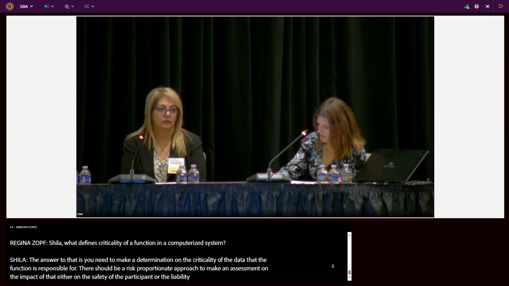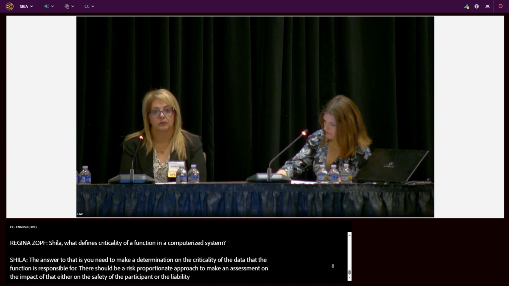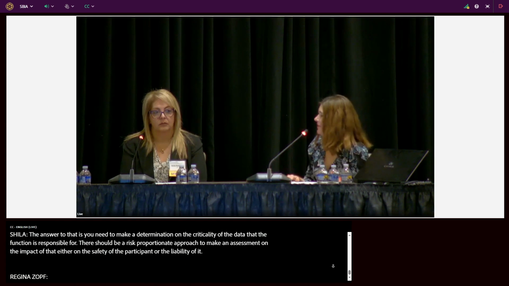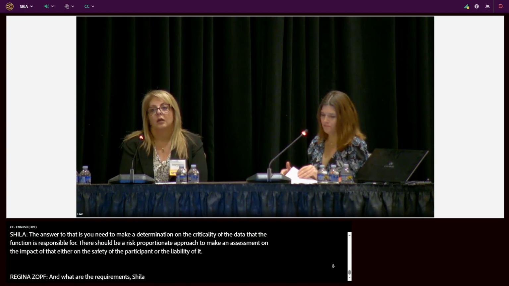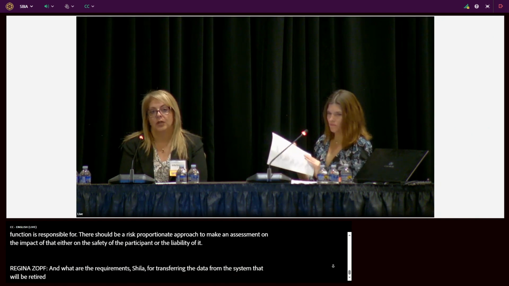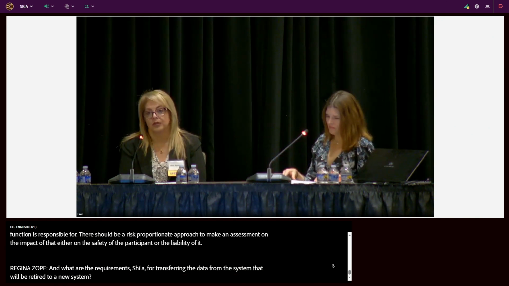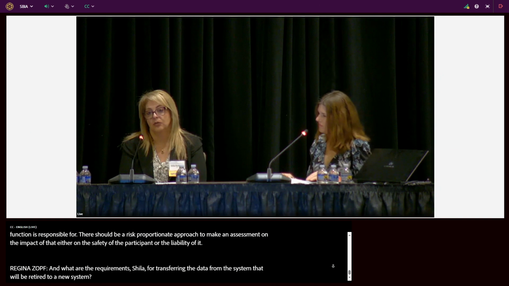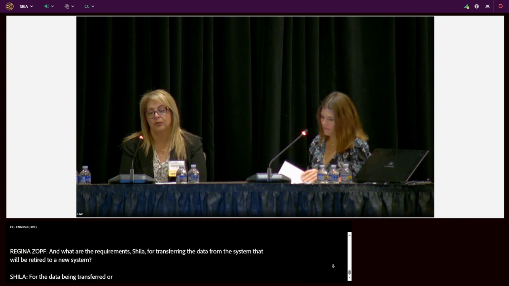And what are the requirements, Sheila, for transfers of the data from a system that is going to be retired to a new system? For the data being transferred or migrated from one system to another, the key thing is to have a pre-approved plan.